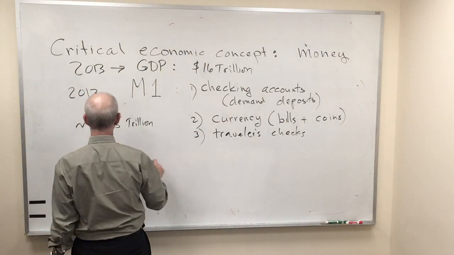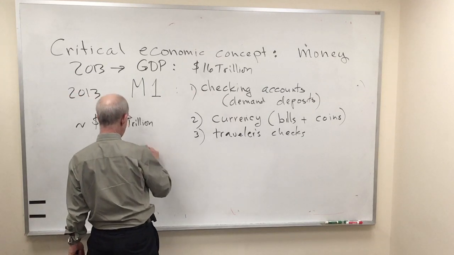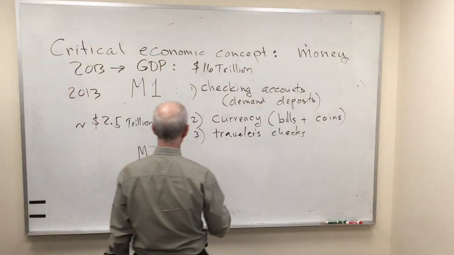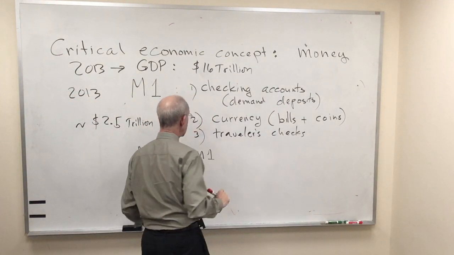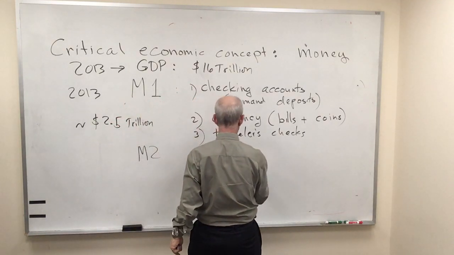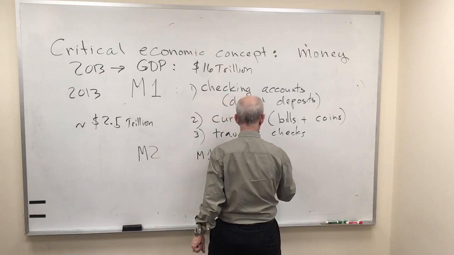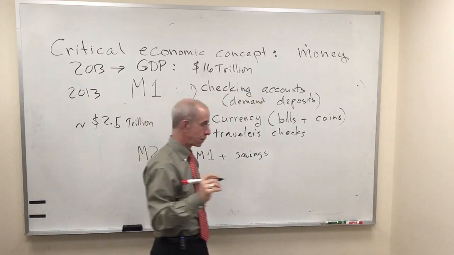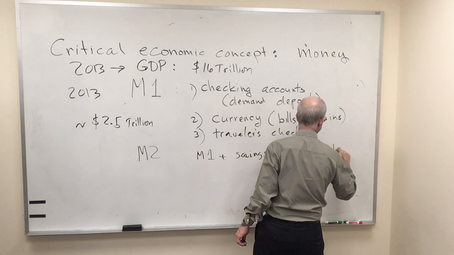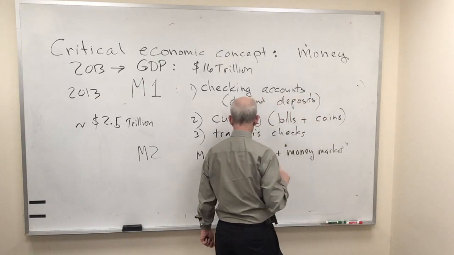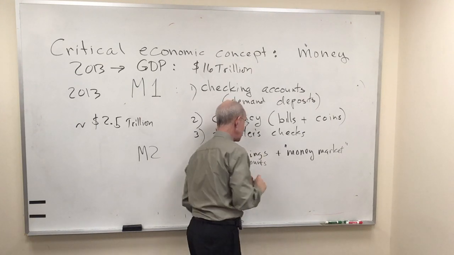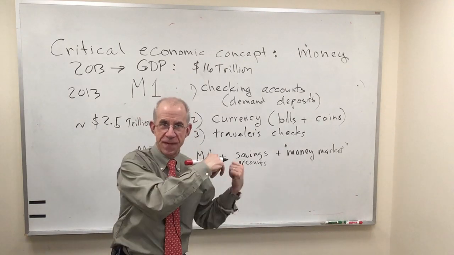Now, there is a broader definition that is called M2, which is everything that you have here plus some other components. For example, savings accounts and what are called money markets. Now, I'm not going to talk about money markets right now. It's not the market for this kind of money.